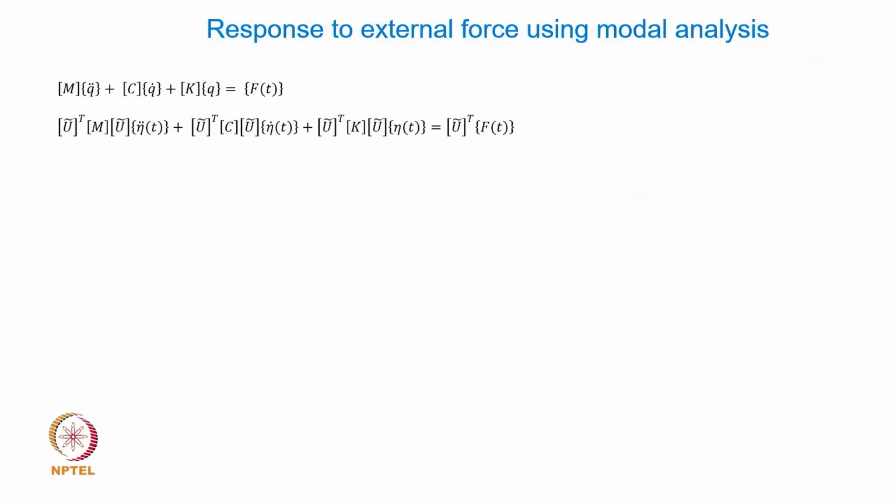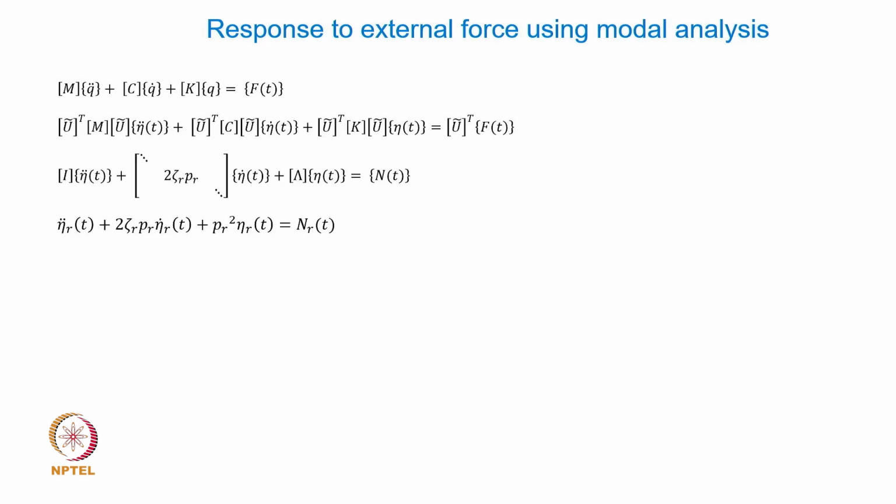So, we assume the system to have symmetric stiffness, mass and damping matrices. That is an assumption, of course, because only then will our orthogonality work. So, pre-multiplying, post-multiplying, converting into our principal coordinates etas, you get all of these.